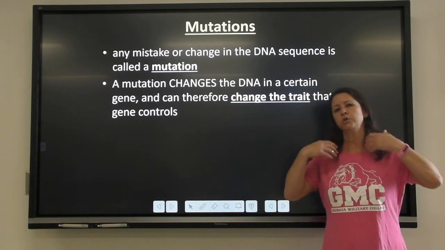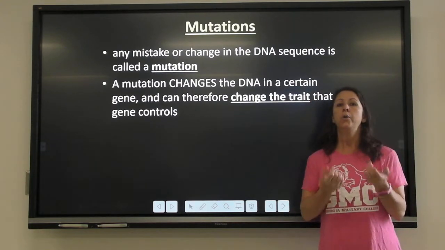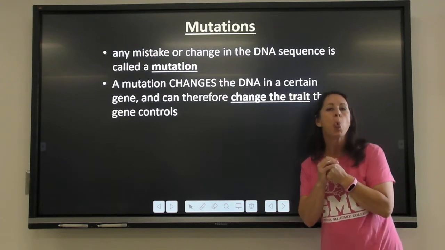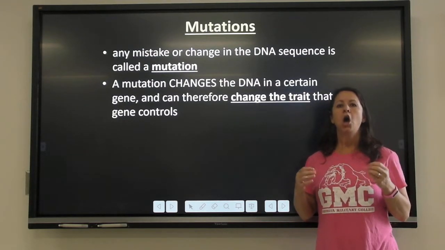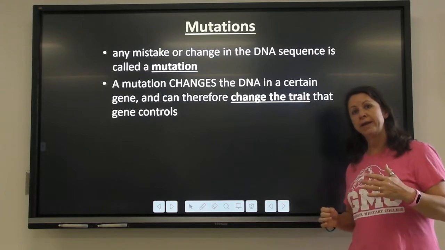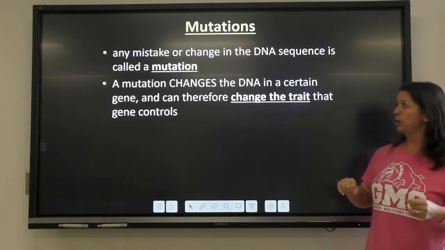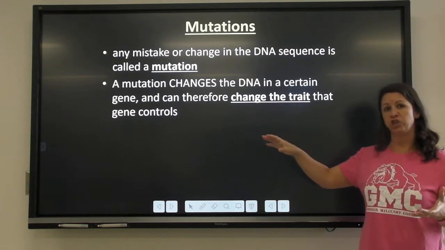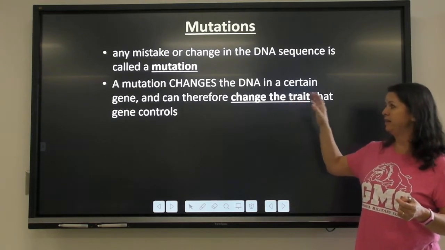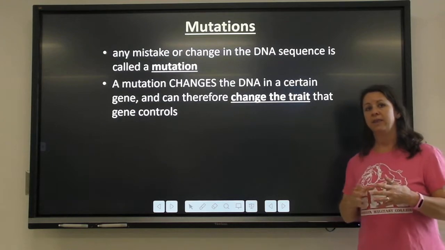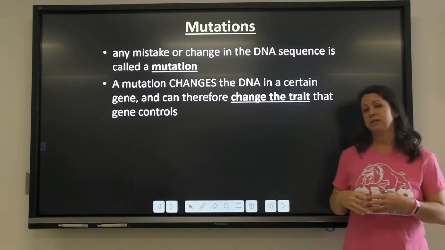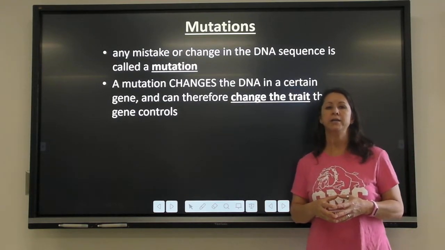All of your traits, your hair color, your eye color, whether or not you can roll your tongue, things like that, all come from your genes. So if you change the DNA in a gene, you can change the trait that gene controls. And scientists think that's where a lot of our traits come from.